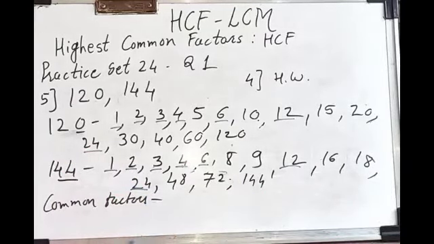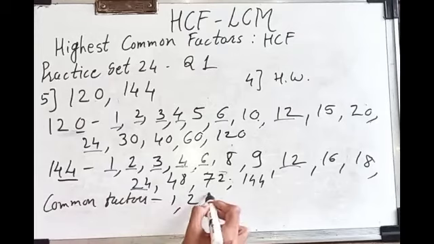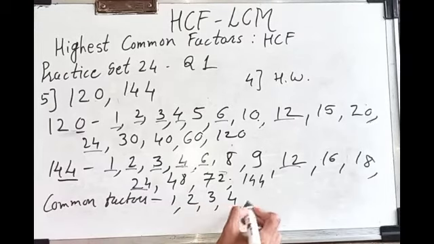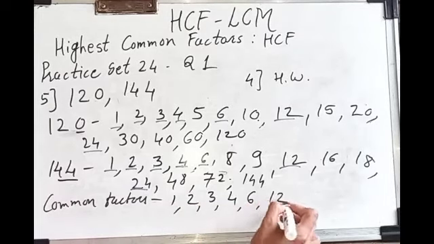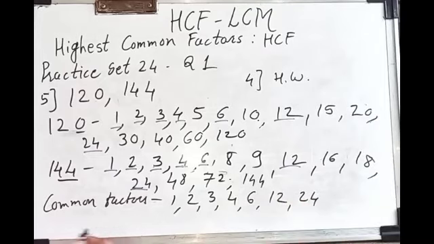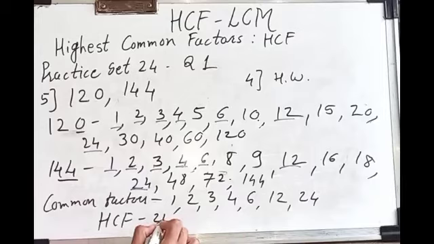So the common factors are 1, 2, 3, 4, 6, 12 and 24. And therefore the HCF, the highest common factor, is 24. So this is all about these examples. The HCF of these two numbers is 24.